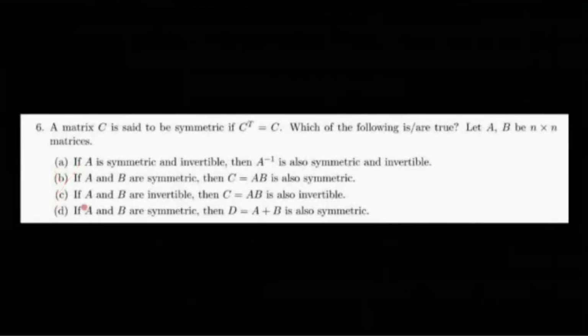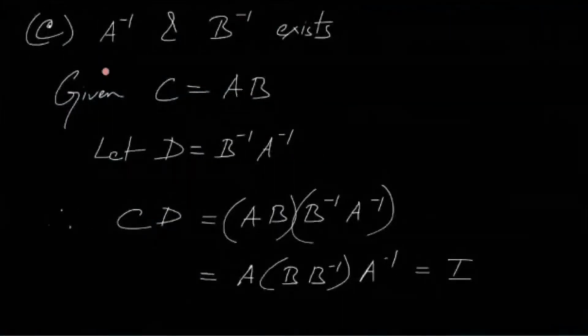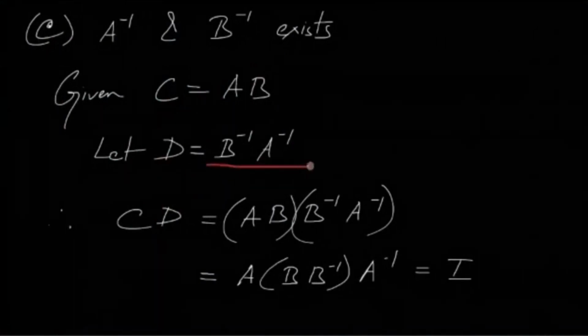What about option C? It says if A and B are invertible, then C is equal to AB is also invertible. See, A and B are invertible. That means A inverse and B inverse both exist. Given C is equal to AB, let D be equal to B inverse into A inverse. It is defined because A inverse and B inverse both exist.